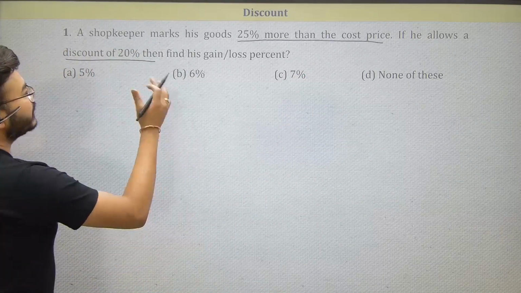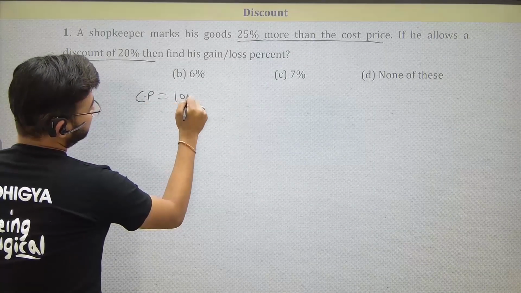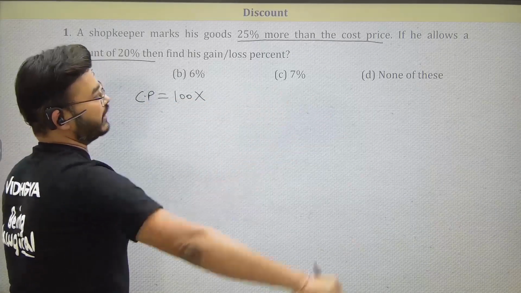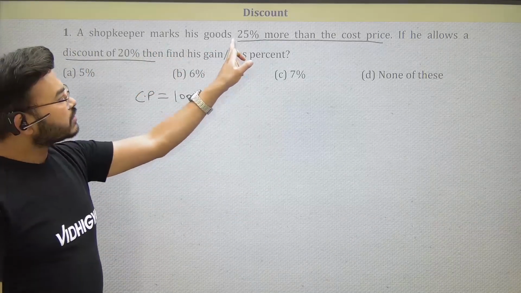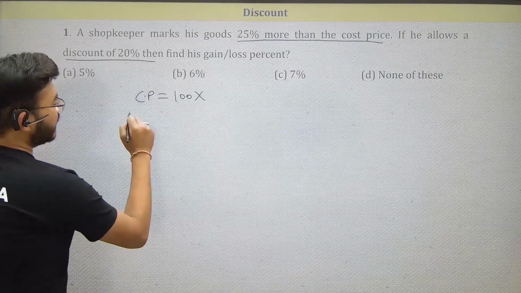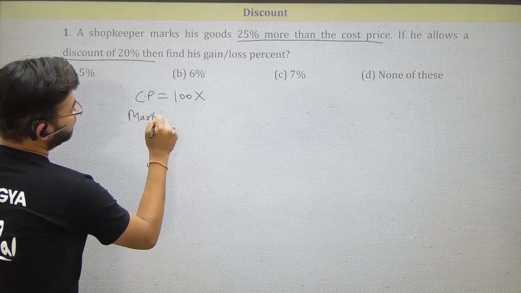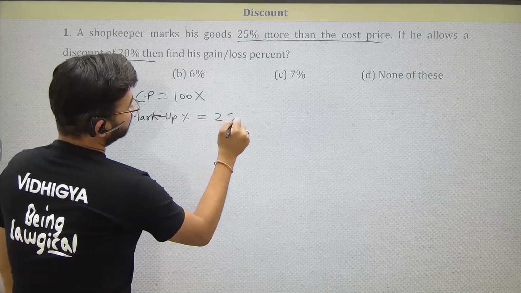Okay, now here we are given, let's say the cost price of the article is 100x. He marks his goods 25% more than the cost price. That means we are given markup percent, markup percent is 25%.